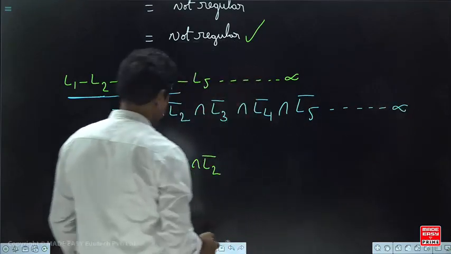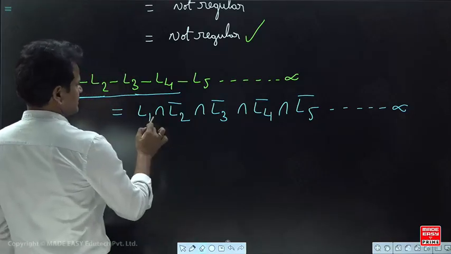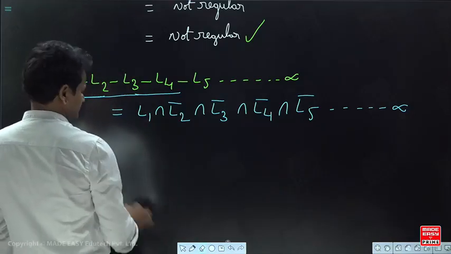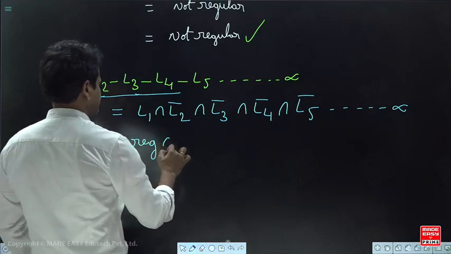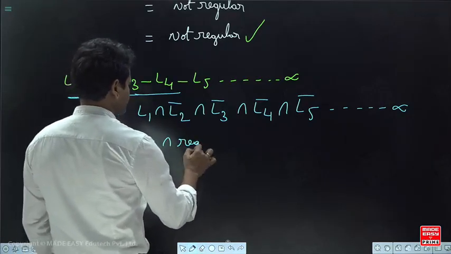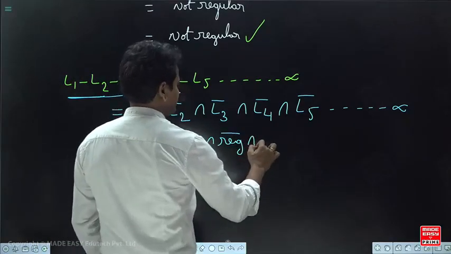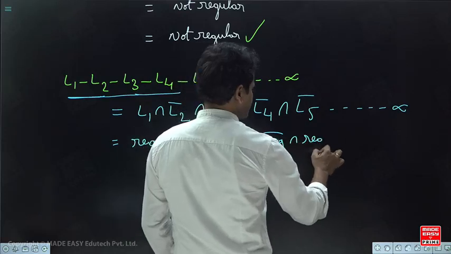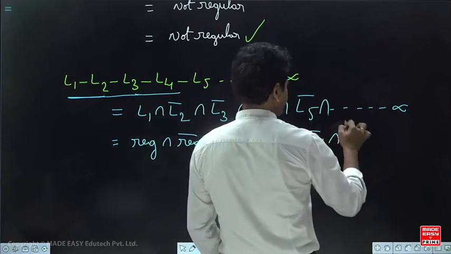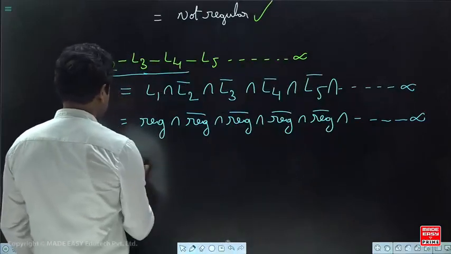Hello guys, are you following here? So L1 regular, intersection regular complement, intersection regular complement, and so on, intersection, infinite.